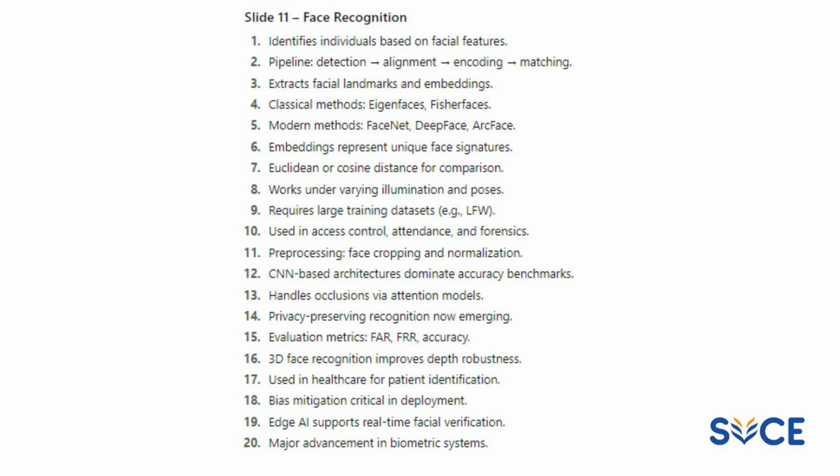Here, the extracted features are compared to a database of known faces using a distance metric, for example Euclidean or cosine distance. If the similarity score is above a threshold, the face is recognized as a match. If it is not, it will be rejected.